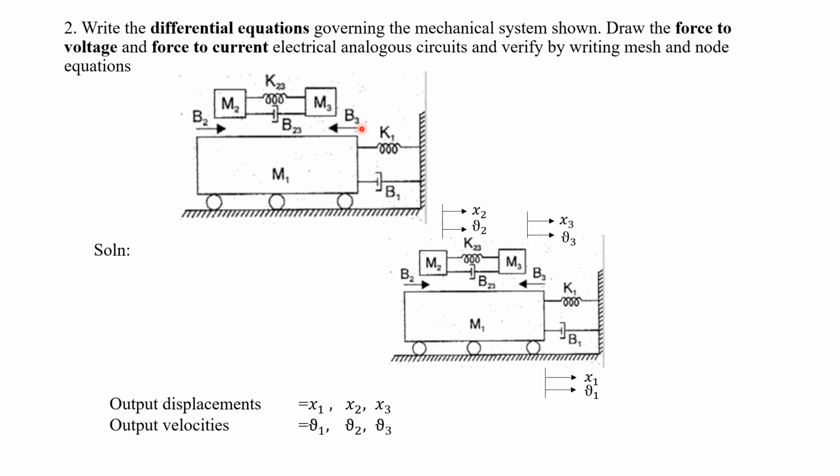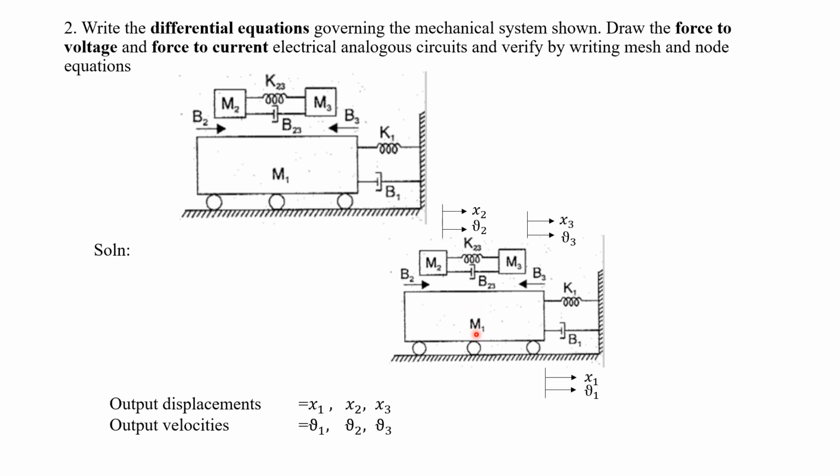Now before starting the problem, for each reference element, that is mass M1, M2 as well as M3, we have to assume the output displacement as well as velocities. In electrical analogy, we are considering the output as the rate of change of displacement, that is velocity, for mechanical translational system.